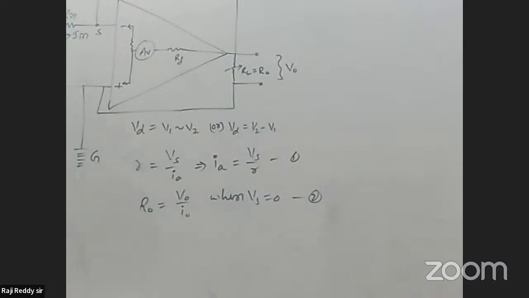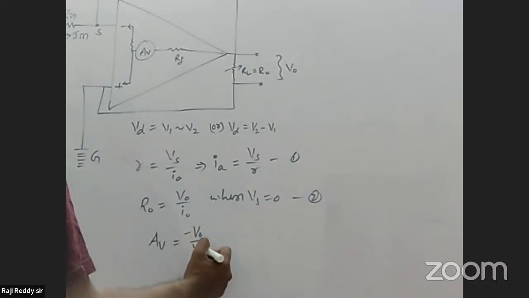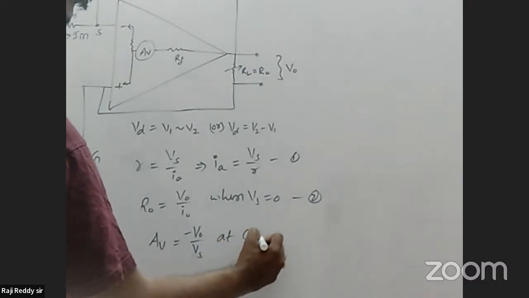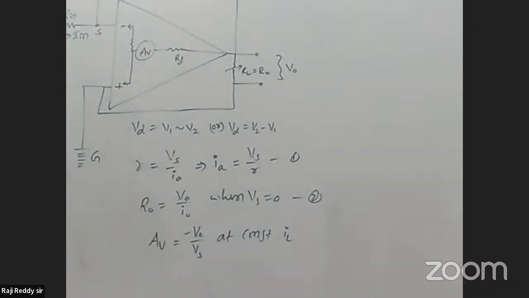This is the output resistance and this is the input resistance. We know for the inverting operational amplifier, the gain AV is equal to minus V naught by Vs, at constant current across the load resistance.